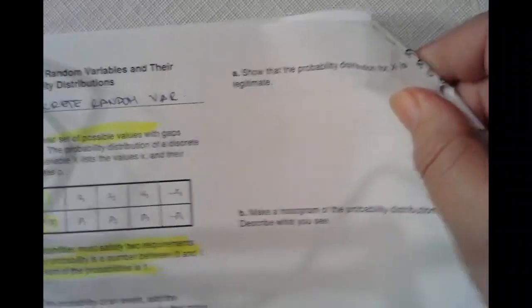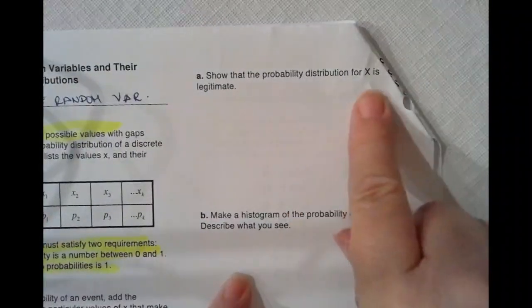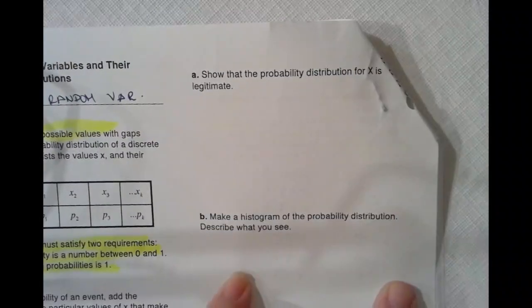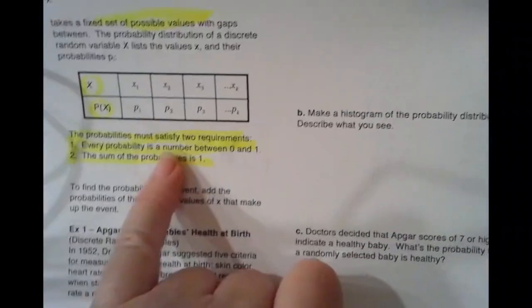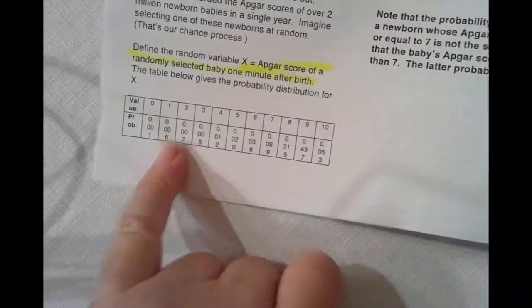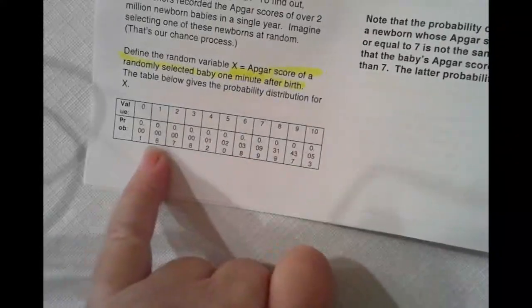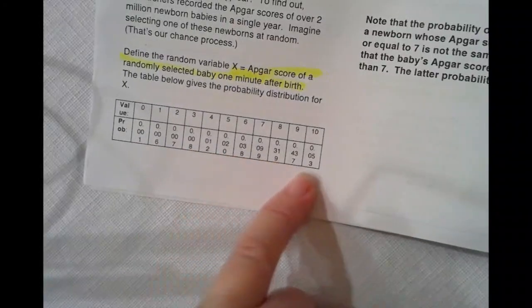So the first question is, show that the probability distribution for X is legitimate. The first rule is that every probability is a number between 0 and 1. So we go look at the table and notice that each one of those is a number between 0 and 1.